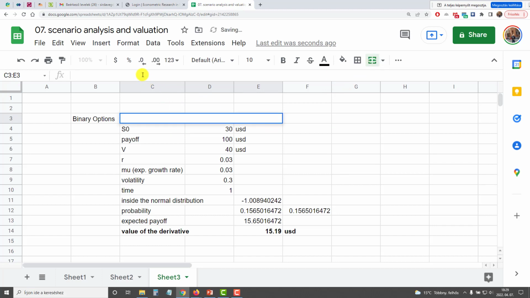Okay, so that was the risk neutral world, and let's use italics. And now we can see the real world.